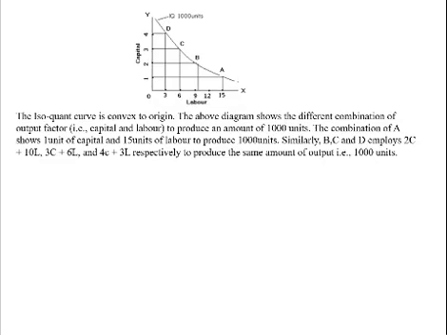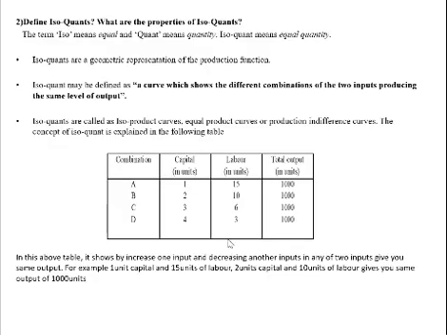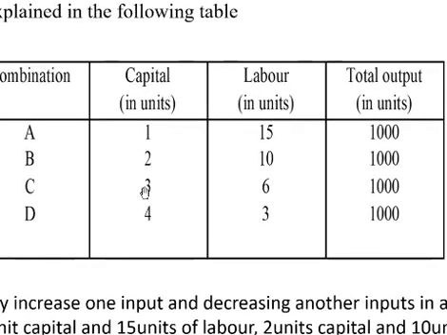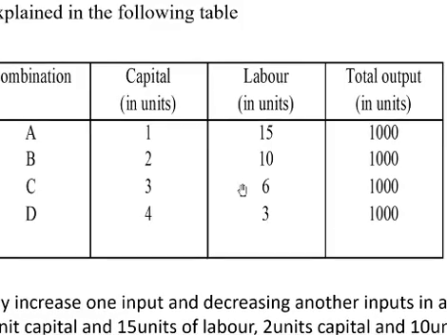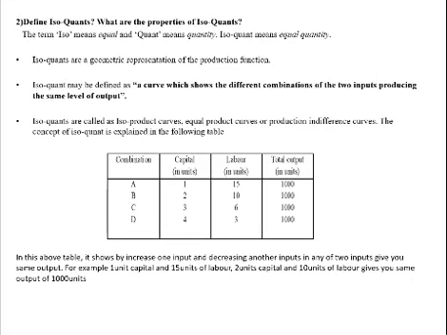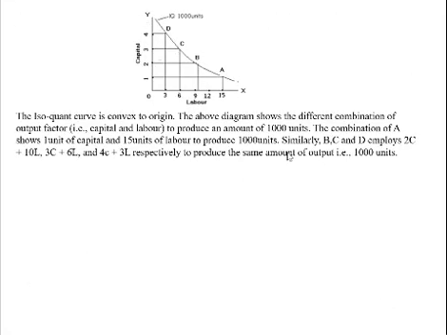Let us see here. 3 units of capital employing 6 units of labor gives you 1000. 4 units of capital with 3 units of labor gives you the same output 1000. So similarly the graph decreases from left to right.